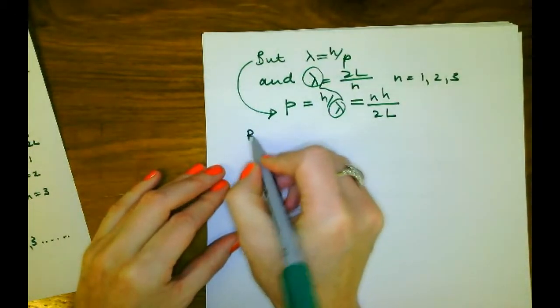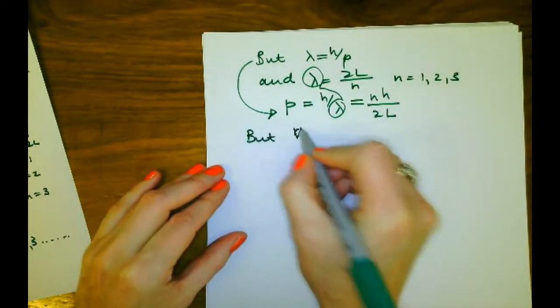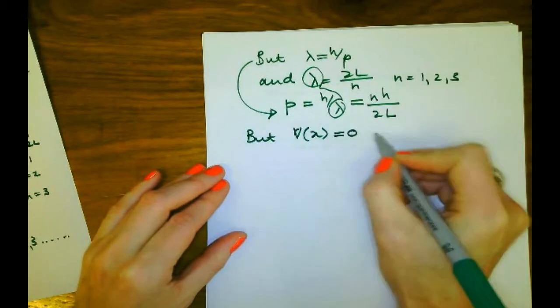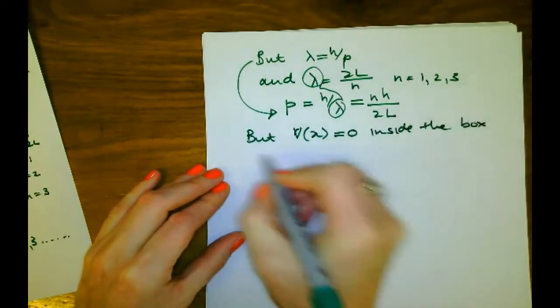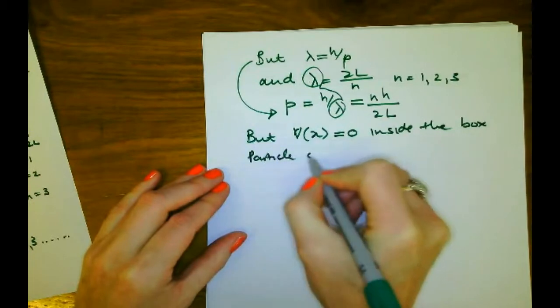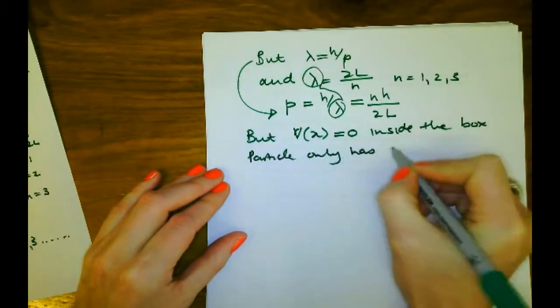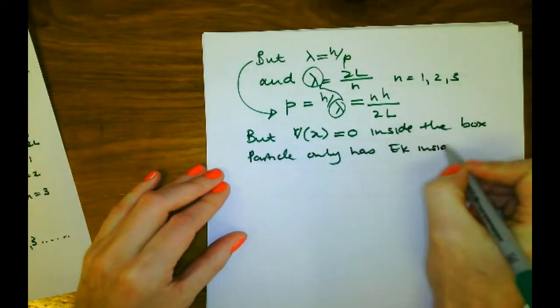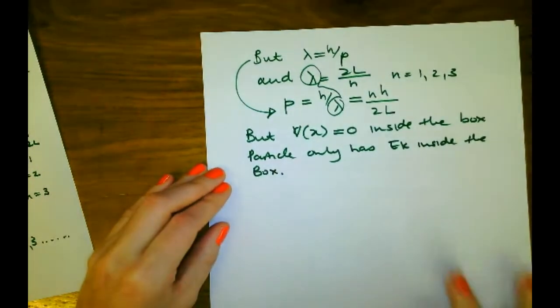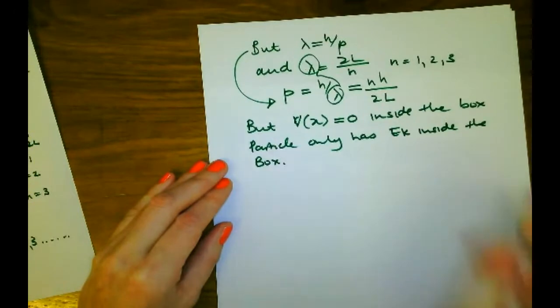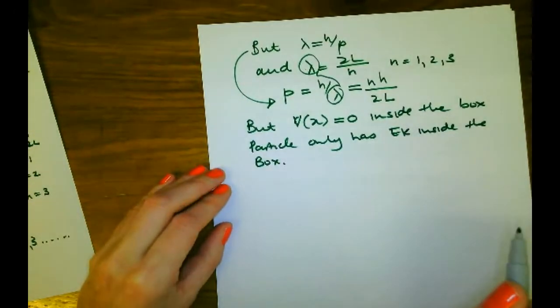Okay, but we also know that the potential energy is 0 inside the box, and the particle only has kinetic energy inside the box. So remember, we want an expression for energies. That's what we want, and we want to show that these energies are quantized.